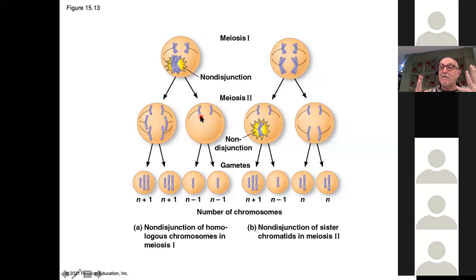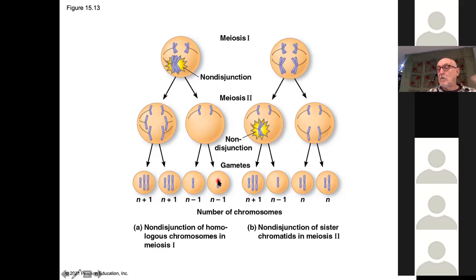It's led to an error in the distribution of the chromosomes, and now we proceed to meiosis 2. We're going to separate these chromatids and make our gametes, and instead of each of the gametes in this example having 1, 2, 1, 2, we end up with 3, 3, 1, and 1.